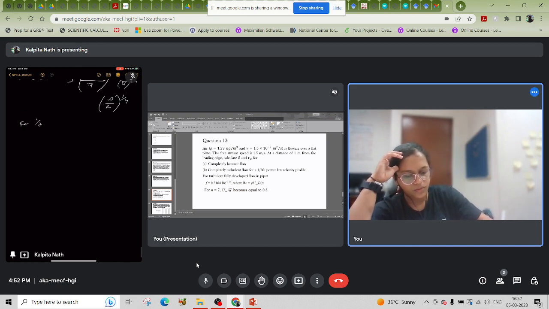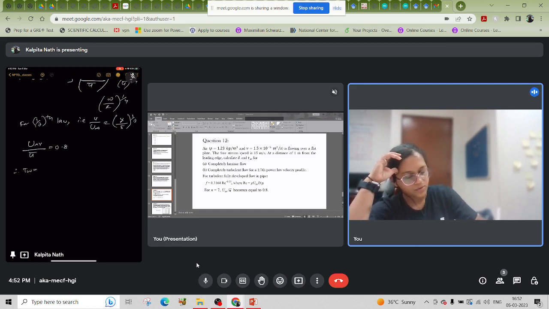For 1/7 law, y by delta to the power 1 by 7, U average U bar is equal to 0.8.